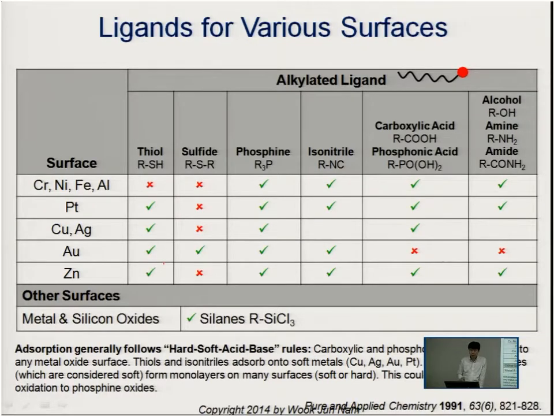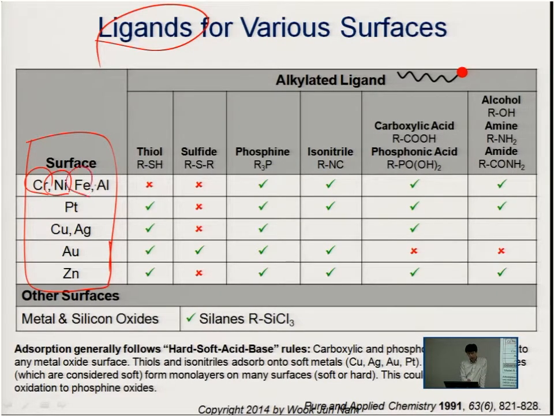This is a table summarizing the ligand materials versus the surface. For surfaces like chrome, nickel, iron, and aluminum, we can use this kind of ligand material.